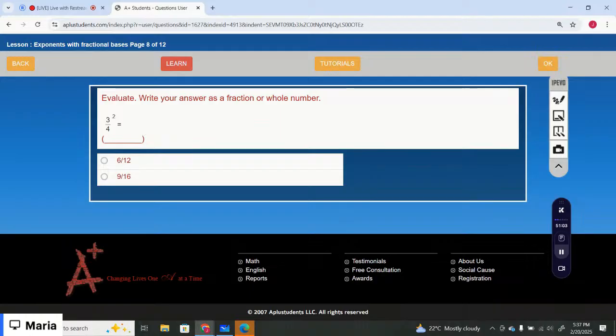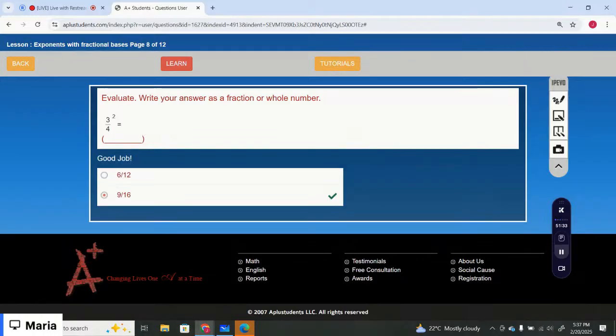3 over 4 square, which is the correct option? You have to do 3 times 3 divided by 4 times 4. That is 9 over 16.